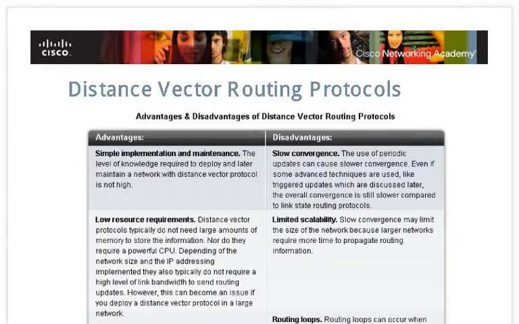The slow convergence when the network grows large is mainly because of the route updates. The route updates happen, for example, in RIP every 30 seconds. So imagine if you have a very large network, and every 30 seconds you send one hop broadcast. Every 30 seconds. So you can imagine you can spend minutes to reach the state of convergence.